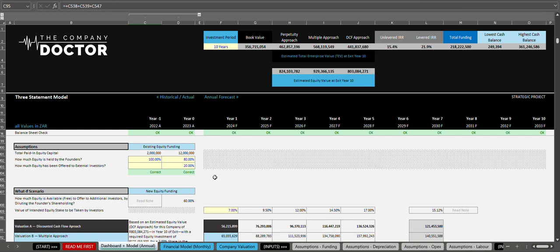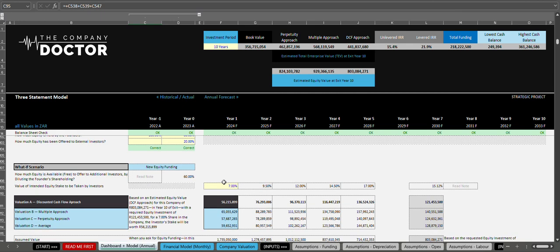And needless to say, based on the equity that the owners hold minus the 20% that external funders hold, there's 60% that can be offered to additional equity partners.